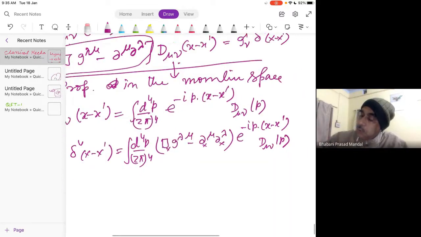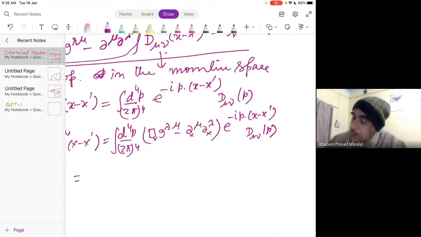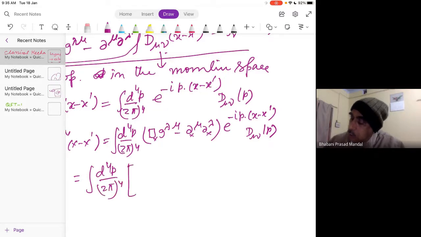Now if you perform this calculation, this is very simple: two times differentiation of the exponential function. Here also two times differentiation, but with different indices. So I can directly write it. You will get minus p square g lambda mu, and on this side you will get plus p mu p lambda.